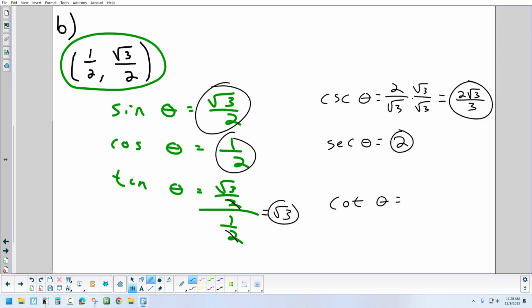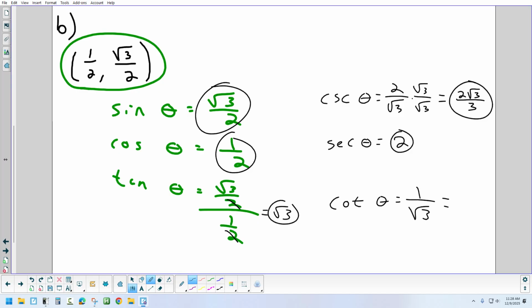Because we've already done some simplifying. We already got rid of the 2's. If we go back to the definition, we're going to have to simplify it again. So let's use what we already have, root 3. And what do you get if you flip root 3? 1 over root 3.